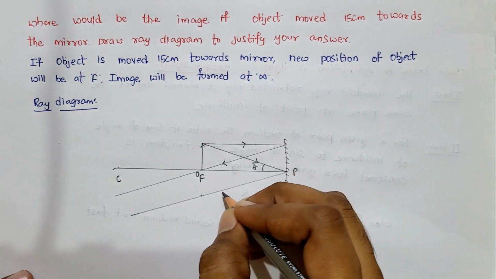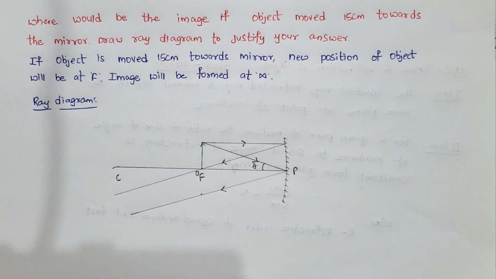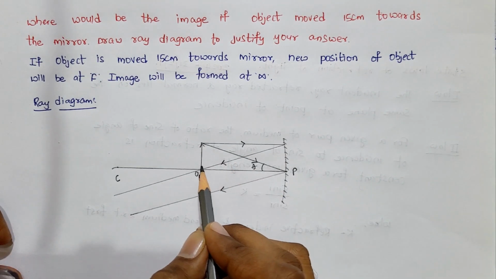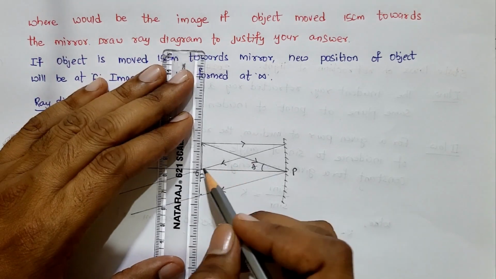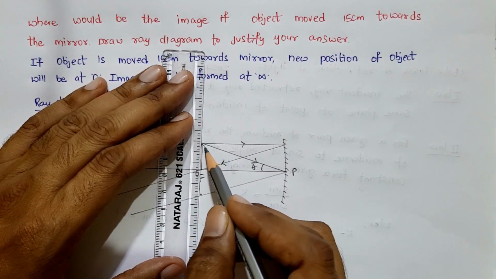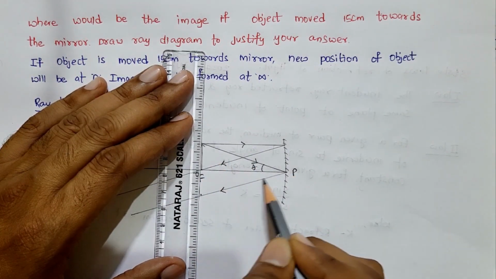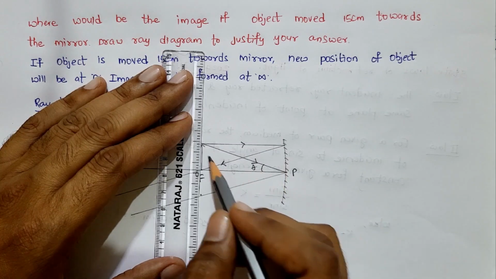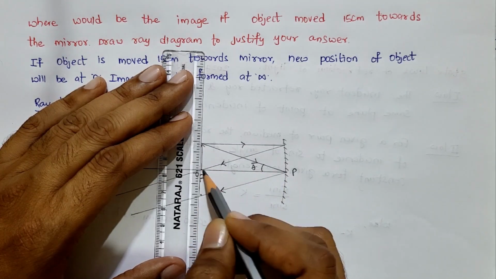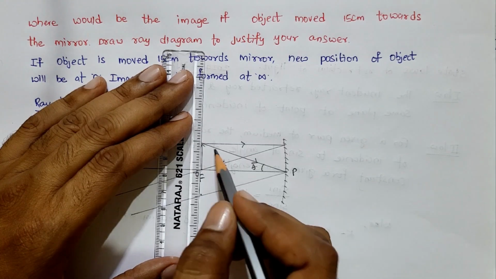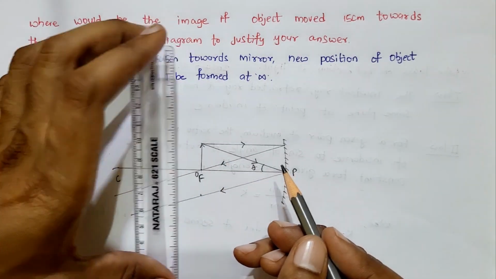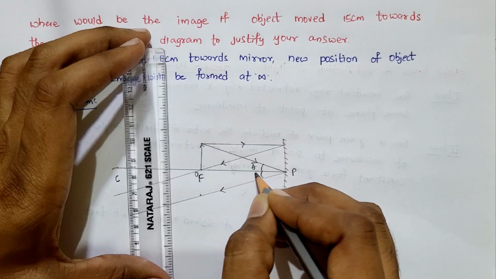How, sir? Why? Because see, this angle 90 degrees, this angle also 90. If you imagine a line here, this triangle and this triangle will be similar triangles. See, because this length and this length is same. This is 90 degrees, this is 90 degrees. Correct? So we can say that similar triangles, this angle and this angle will be equal.